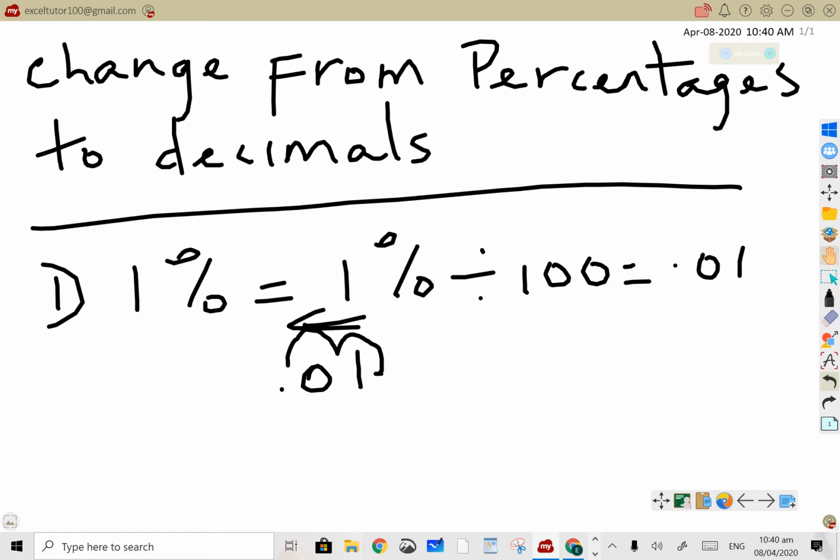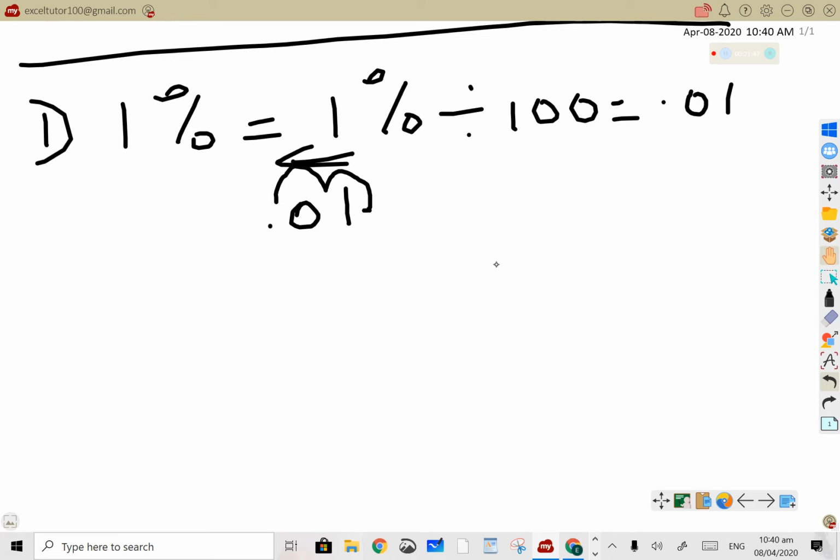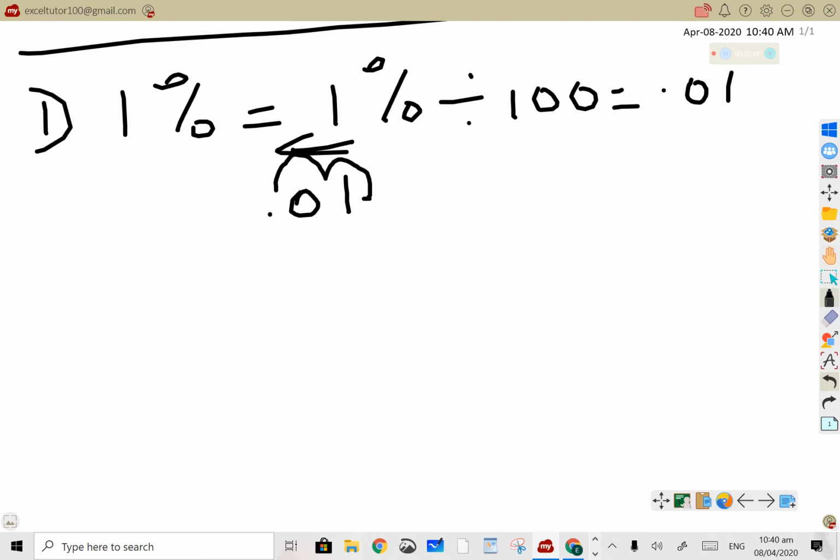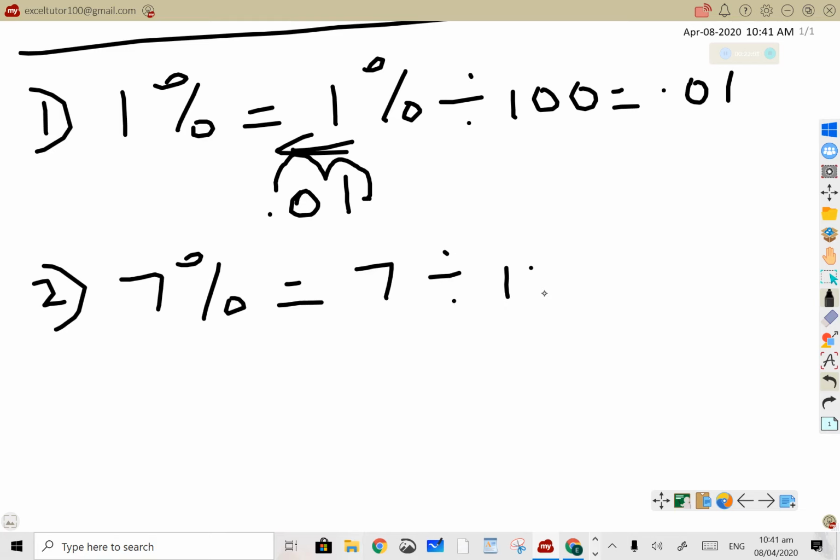Okay, so we're looking at another example. We have similar to this 7%, which is 7 divided by 100, which will equal 7. Point is understood at the end. We take it 2 spaces to our left, right?